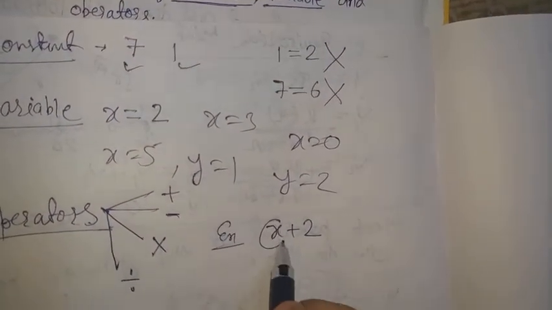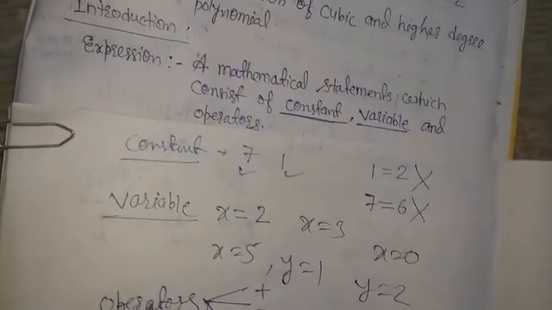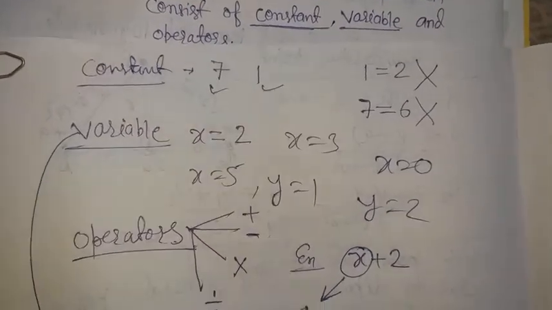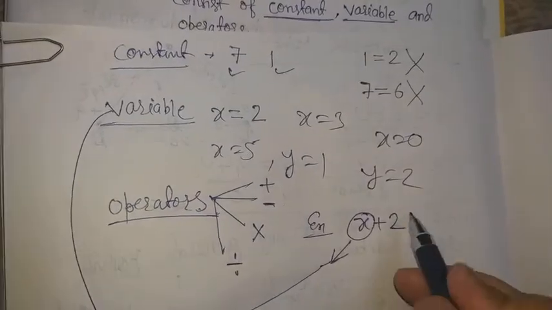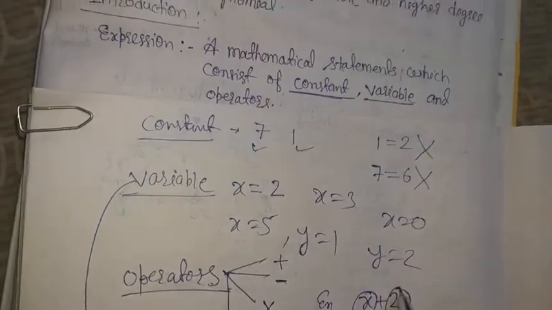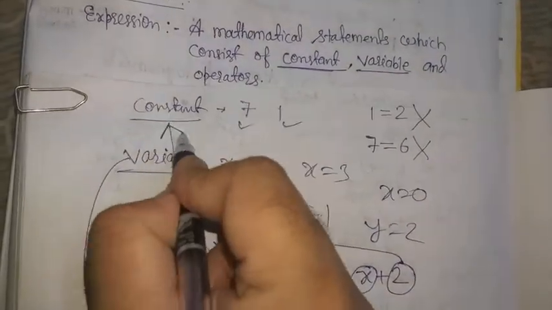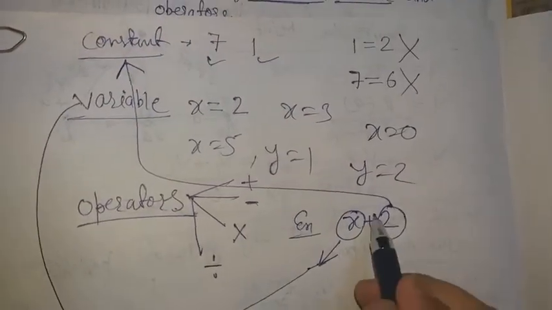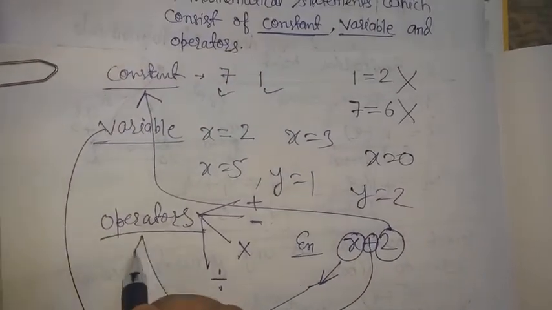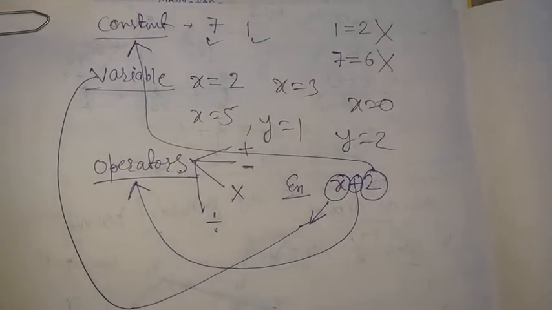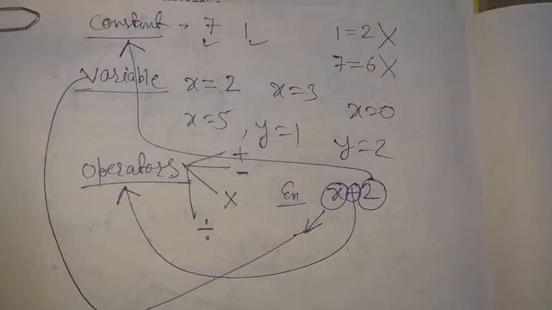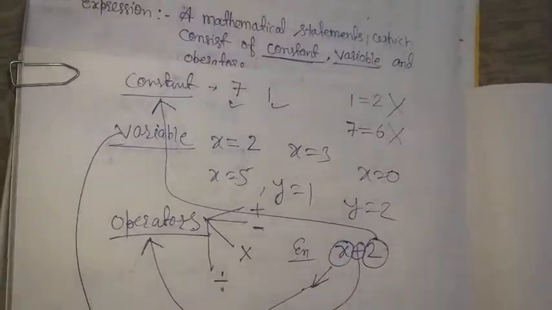Why? x is what? x is a variable. 2 is what? 2 is a constant. Plus is what? Operator. So x plus 2 is an expression.